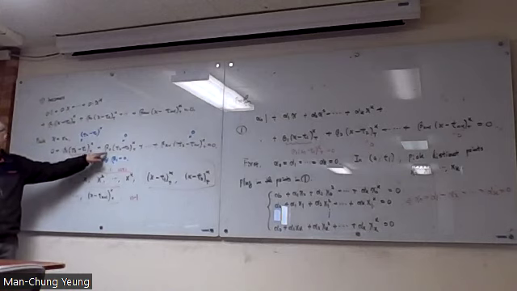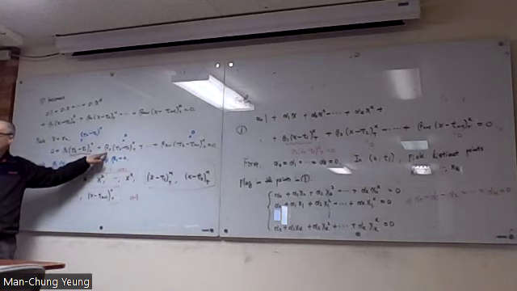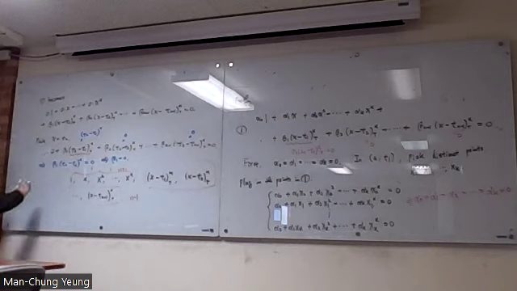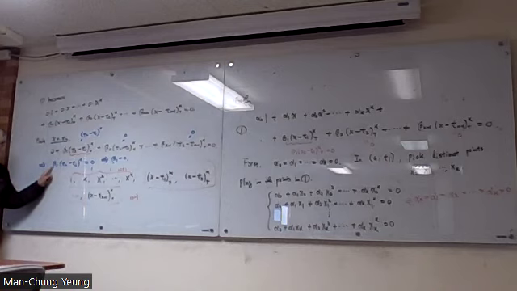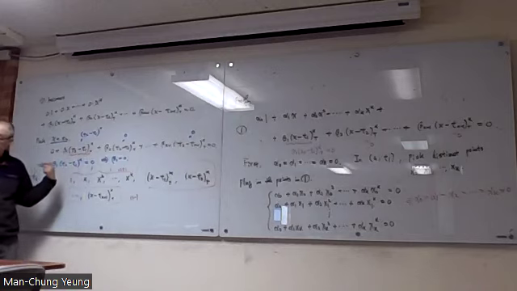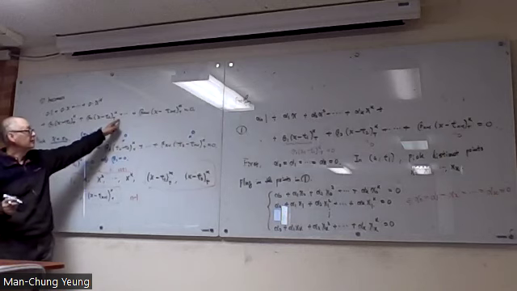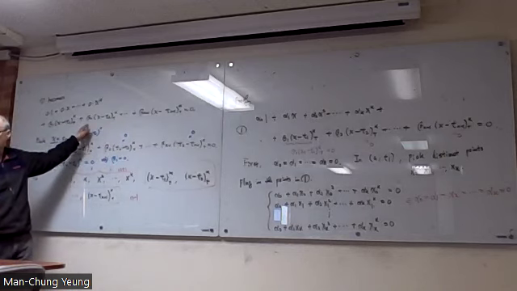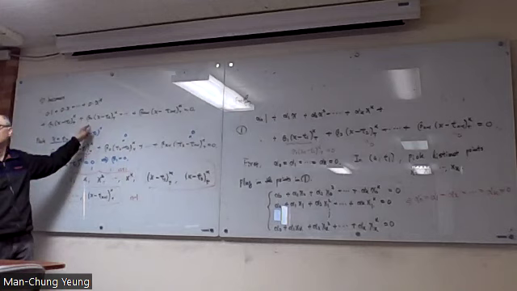How to solve beta 2? Set x to t3. Here I set x to t2, then I got beta 1 equal to 0. If I set x to t3 and plug t3 into the equation, I have beta 2 equal to 0.